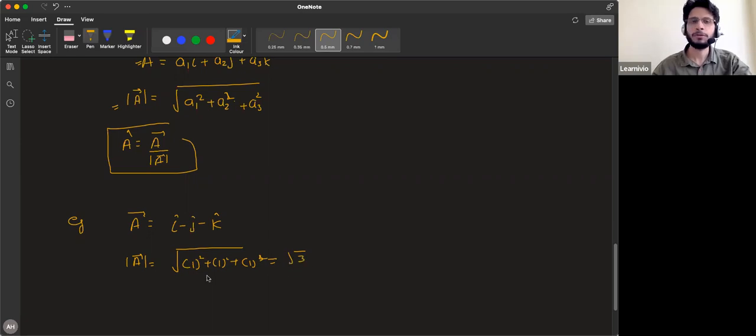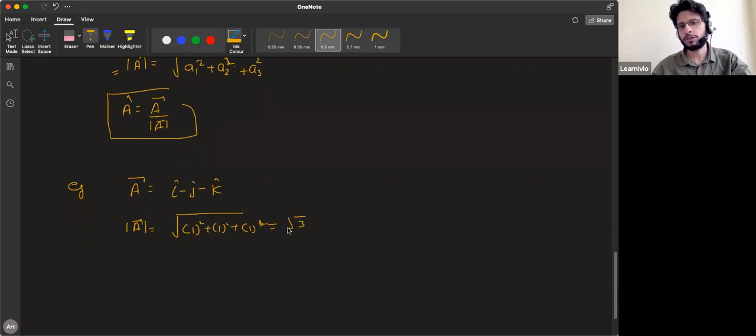So this is the magnitude. Is it a unit vector? Obviously no. Its magnitude is root 3. For a vector to be a unit vector, the magnitude should be 1. So to convert this into a unit vector, take this vector, divide by its magnitude. So it will be i cap minus j cap minus k cap divided by root 3. So this is the unit vector.